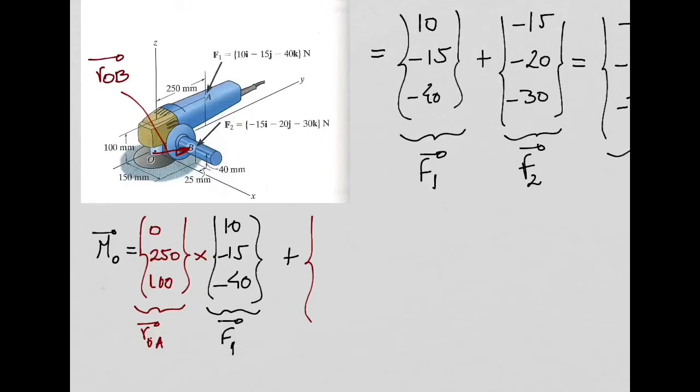I need to get the x, y, and z component of this vector. You tell me the x component. How much is it? 150. Good. Y component? 25. It's not 0. Look, you have here this 25, right? That will add a component in the y direction. So it's 25. And the z component is 40. Very good.